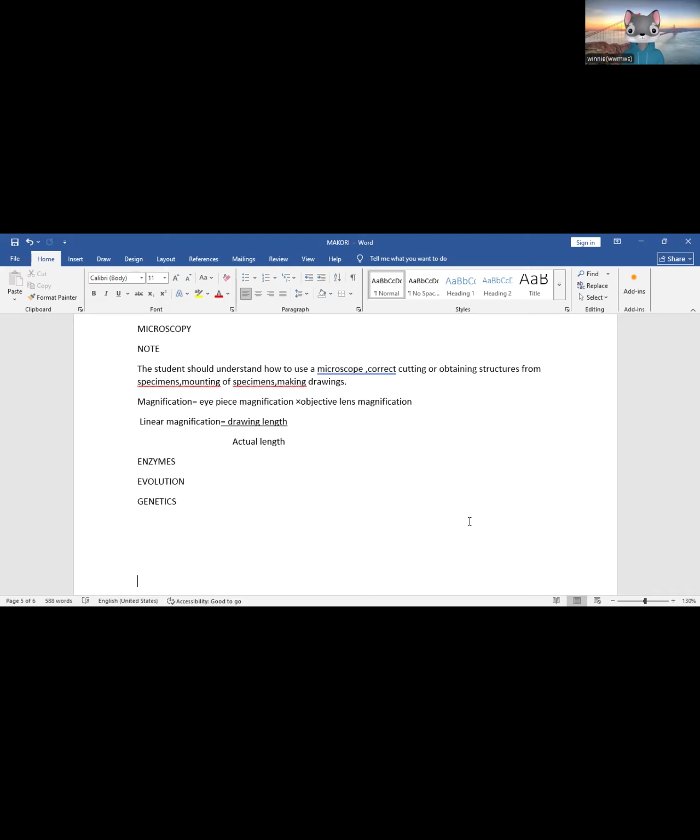Then after you have placed your structures within the microscope, the next thing is to make your observations. I advise you, my students, to make observations and make drawings of the structures that you observe.